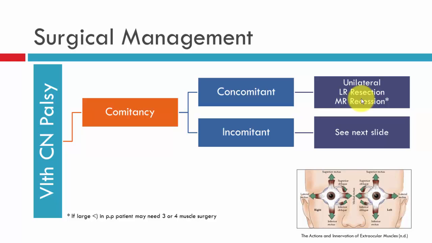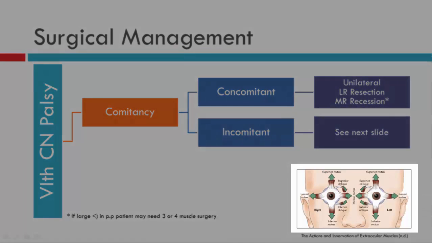We will do unilateral surgery as we would with any other patient with an esotropia that's concomitant. The only thing to consider here is that if you have a relatively large angle strabismus, you may need to do 3-muscle or 4-muscle surgery, which means moving over to the left eye and operating on the medial rectus and or lateral rectus of the left eye.